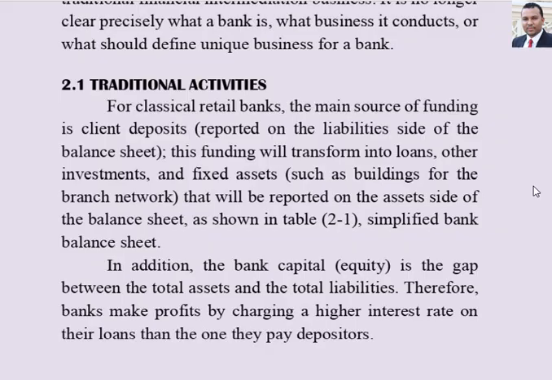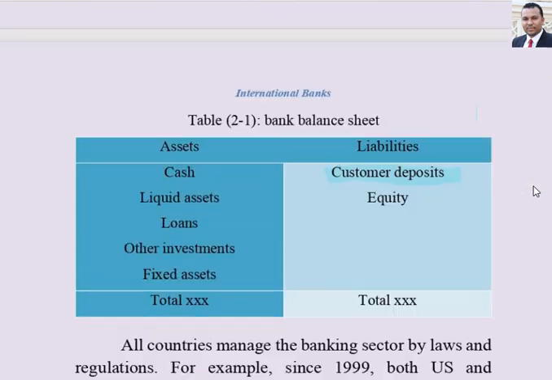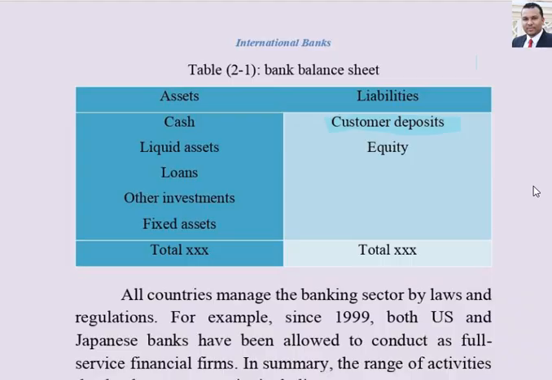On the other hand, the loans are reported on the asset side of the balance sheet. This is table number 2.1, simple bank balance sheet, assets and liabilities. So we focus on the loans reported on the asset side and deposits reported on the liability side.